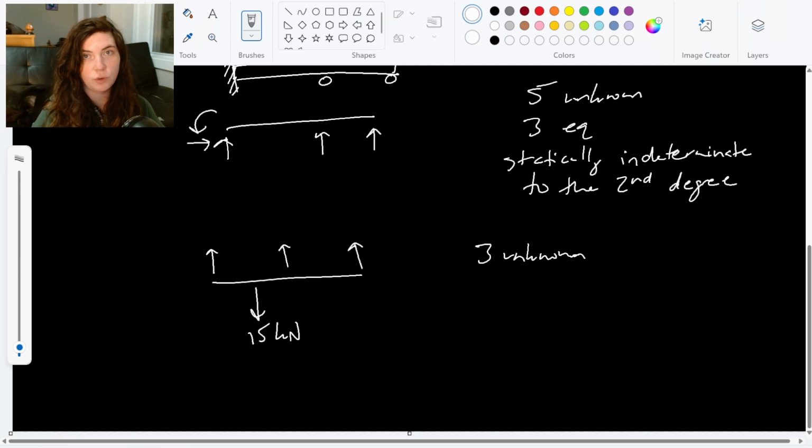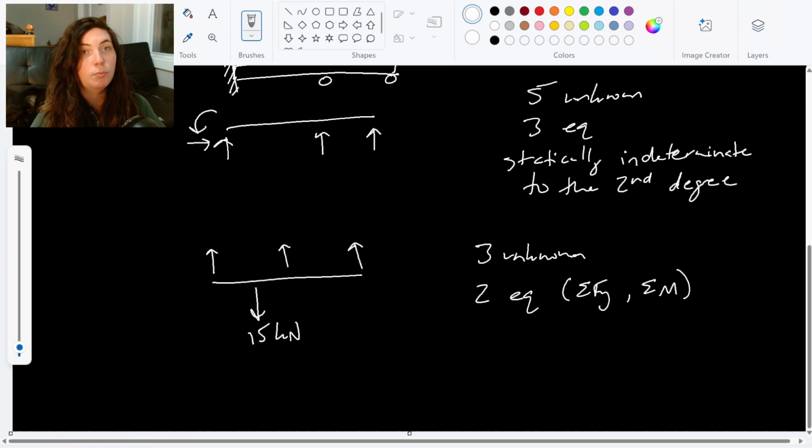There are no X forces involved whatsoever, so we can't actually use our sum of X forces equals 0 equilibrium equation. So that makes that equation null and void. The only equilibrium equations we can use here would be our sum of Y forces and our moment. So we actually have 2 equations, right?